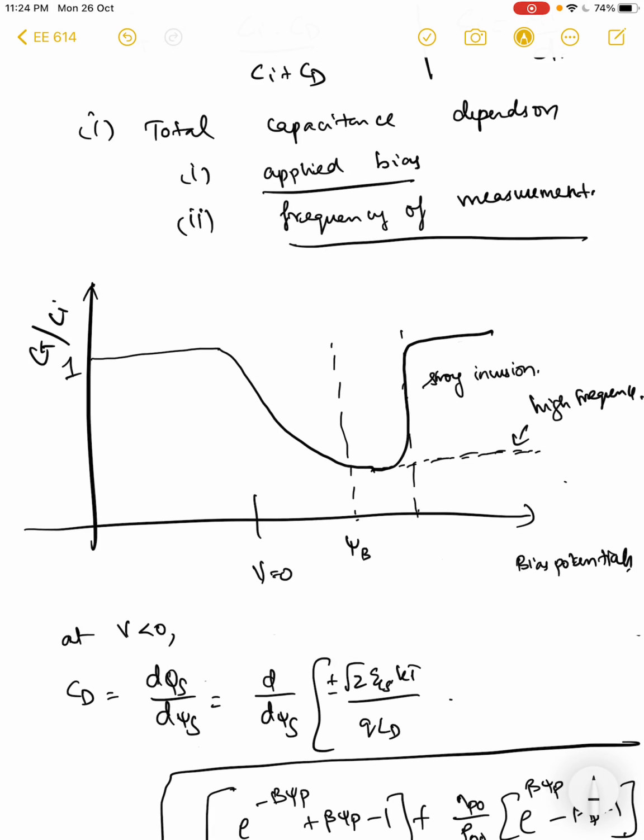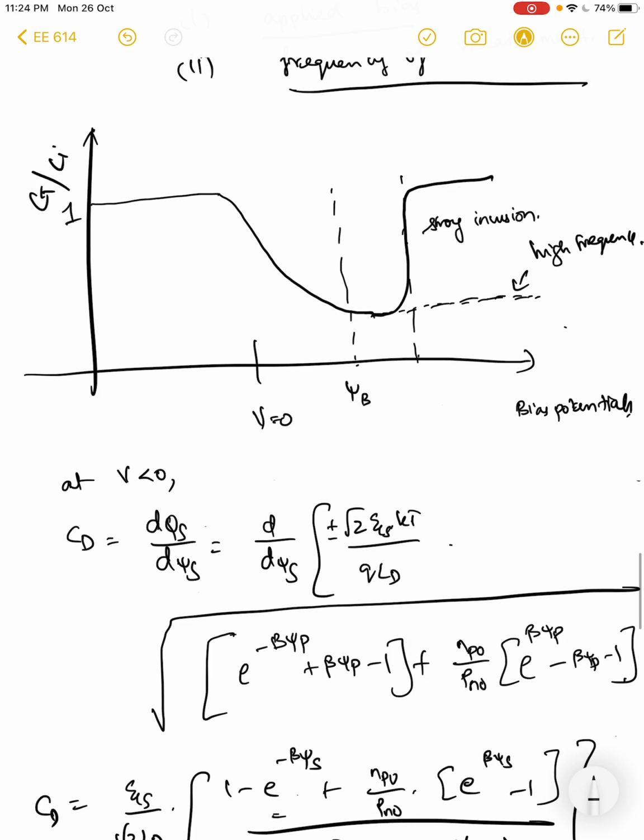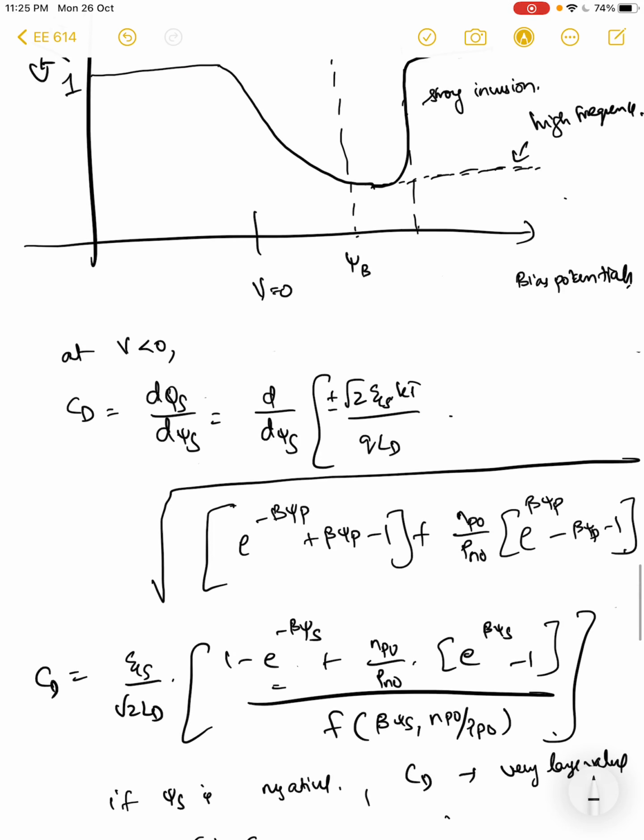However, you have what is also called deep depletion. If the bias potential VB is also swept at very high frequencies, then your total capacitance drops even below the high frequency limit, giving you what is called deep depletion.